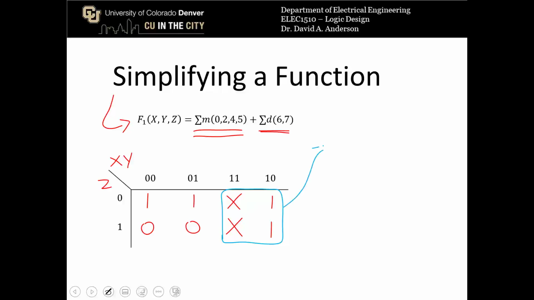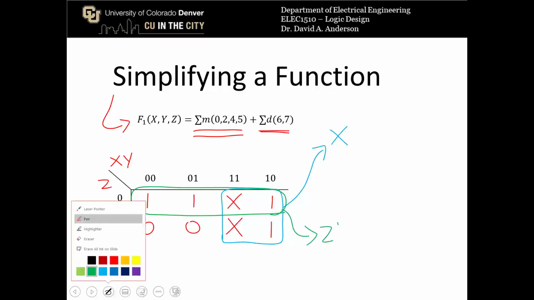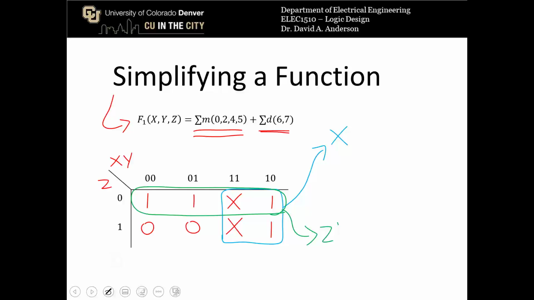This bubble corresponds to the term x. Then we can circle a large horizontal bubble, which corresponds to the term z prime. The optimized expression for this function, f1, is going to be x or z prime. Because of the don't care conditions, we actually don't need a y in this function at all.